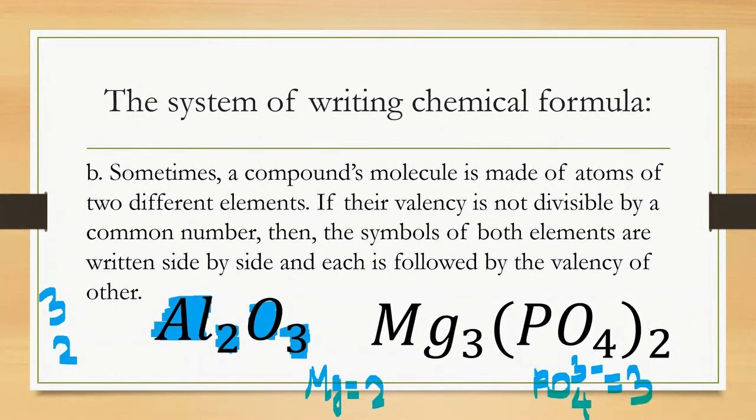So first of all, we need to write down the symbol of magnesium and the formula of phosphate radical. Then the valency of magnesium is followed by phosphate, 2, and the valency of phosphate, 3, is followed by magnesium.